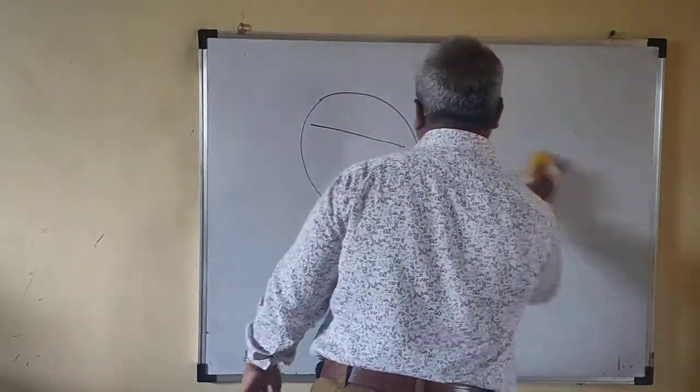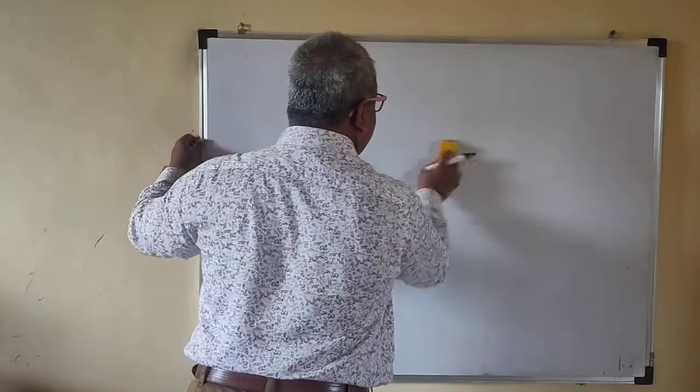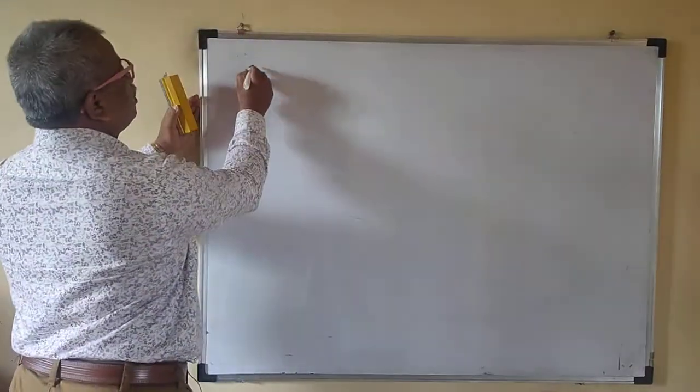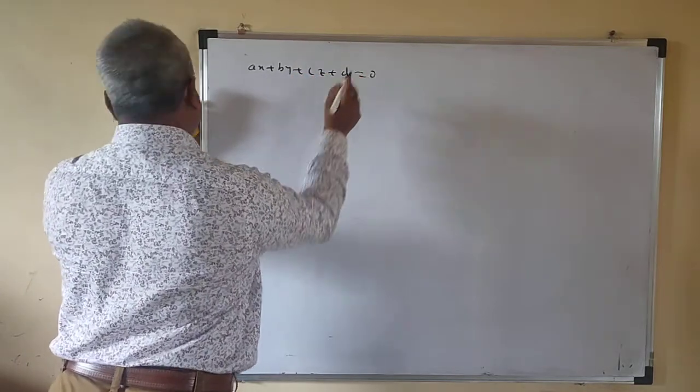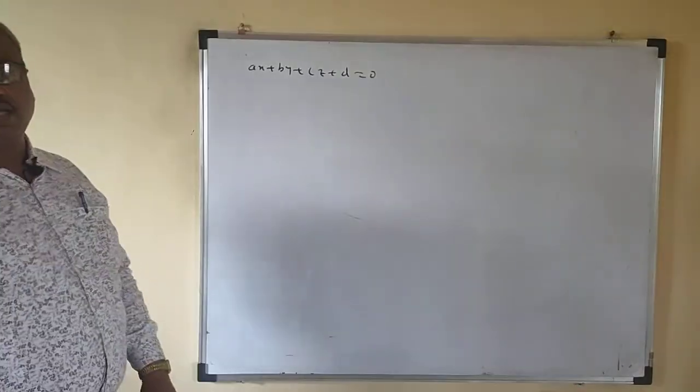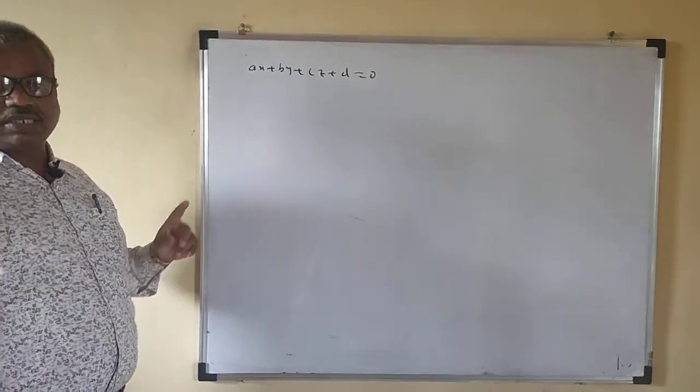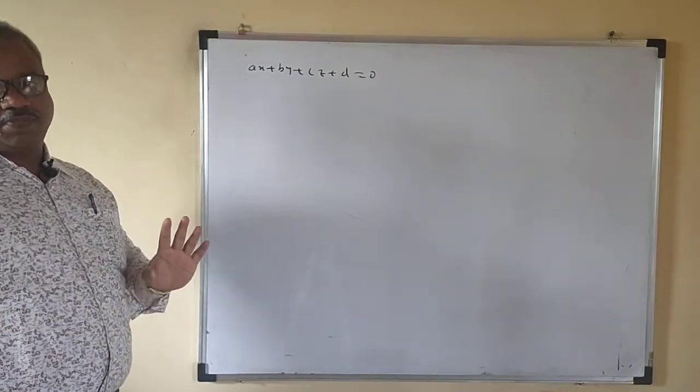Now we have seen that a first degree equation ax + by + cz + d = 0 in xyz represents a plane. A first degree equation in xyz always represents a plane.